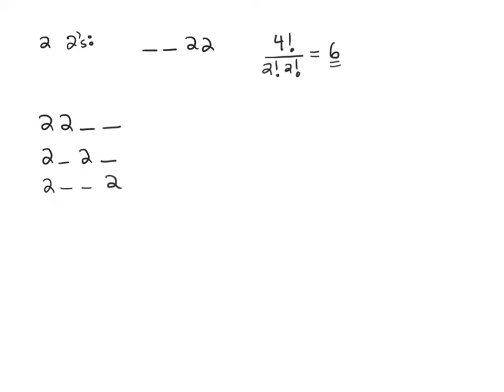Well, what about the ones that don't? Well, let's have the ones where the first digit isn't a 2, but the second digit is. So we have blank 2 2 blank and blank 2 blank 2. So we have all of the ones that have the first digit as not a 2 and the second digit as a 2. Okay?